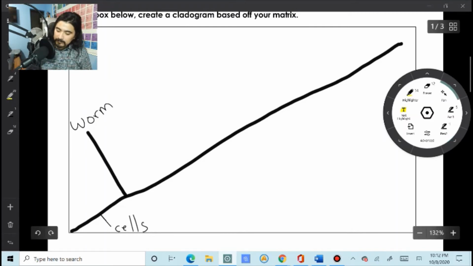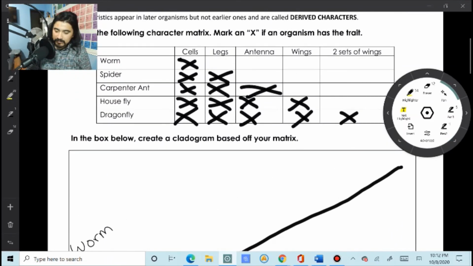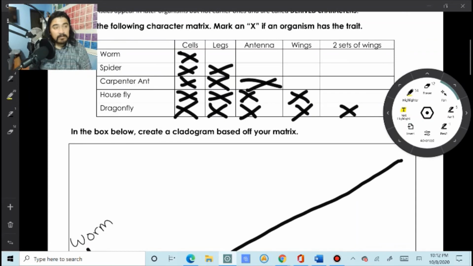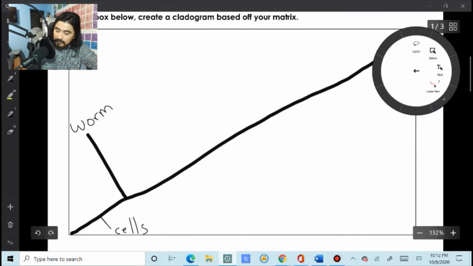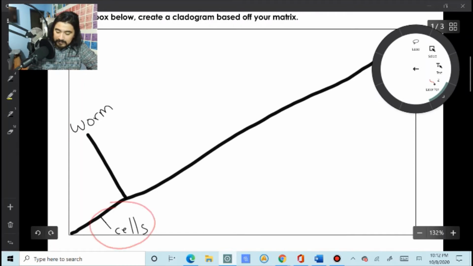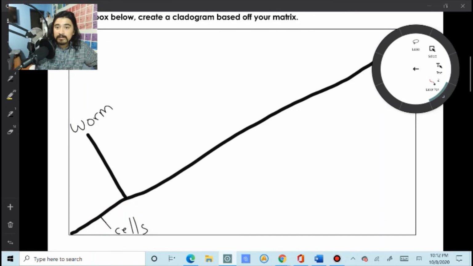Let's take a look. What is our next characteristic? Legs. So we know that legs showed up after the worm. We're not going to put legs before where cells are, because then the worm would also have that characteristic. But we know worms do not have legs, so we're going to put it after worms.